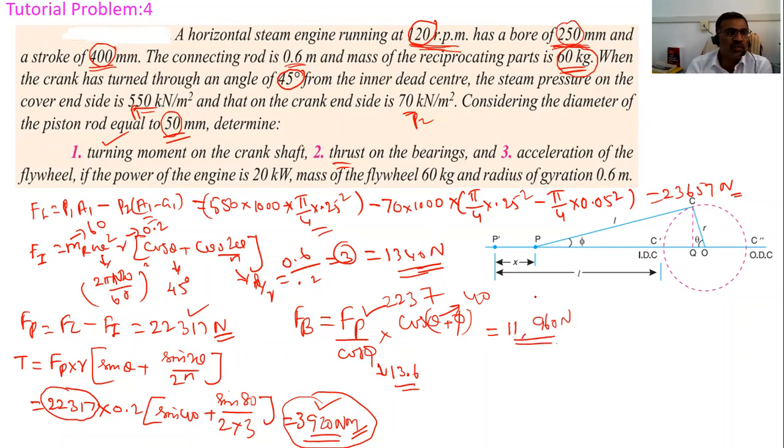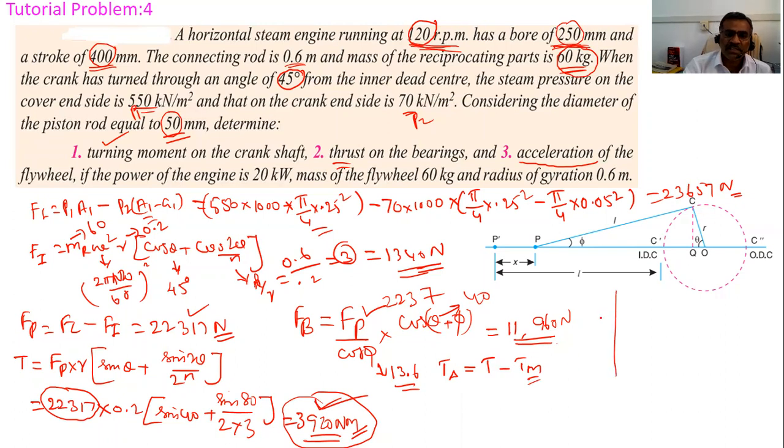So finally, you have to find the acceleration. To find the acceleration, you have to find the accelerating torque. So T is equal to T minus T mean. T mean is the mean torque.